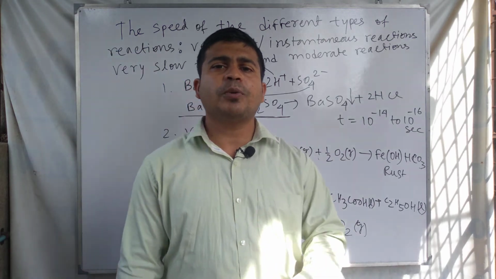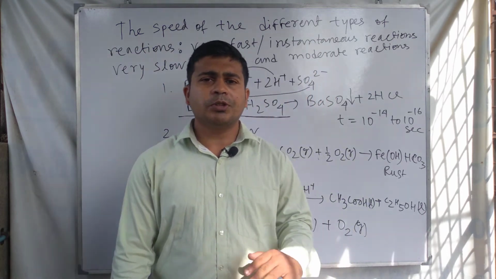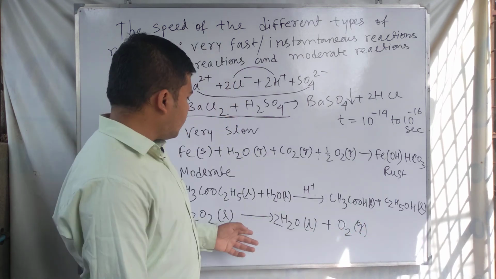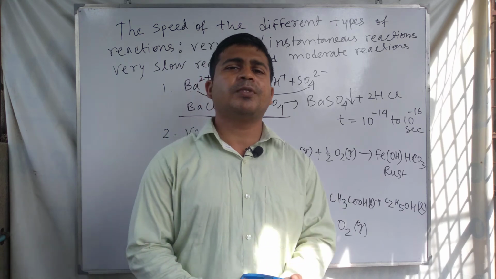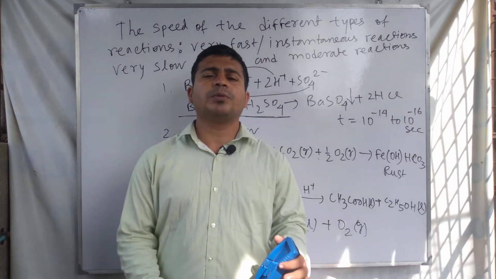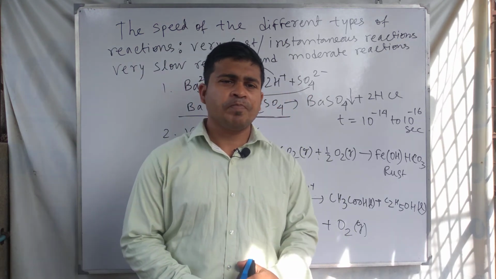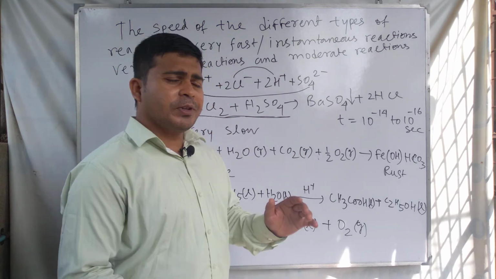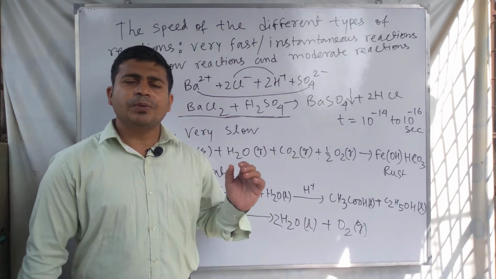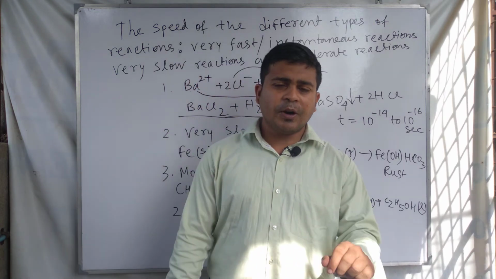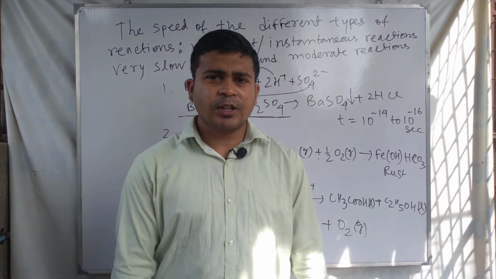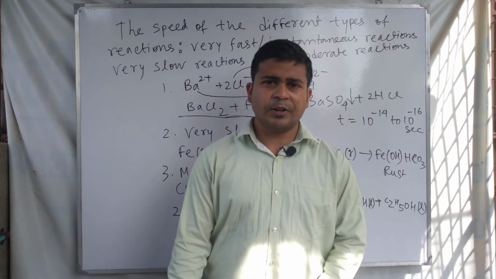In the branch of chemical kinetics, we deal with only the moderate rate reactions, because for very slow and very fast reactions, studying the kinetics is very difficult. The basic part of the chemical kinetics chapter is about the speed of different chemical reactions.